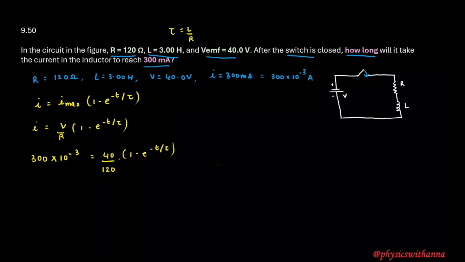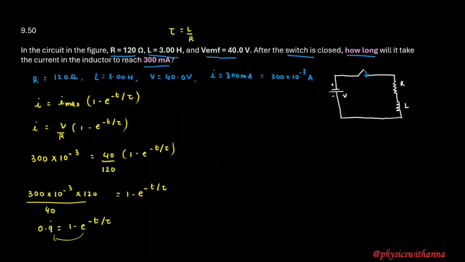Now let's rearrange, move this term to the other side. You get 300 times 10 to the power negative 3 into 120 over 40 equals 1 minus e to the power negative t by tau. So this gives me 0.9 equals 1 minus e to the power negative t by tau.